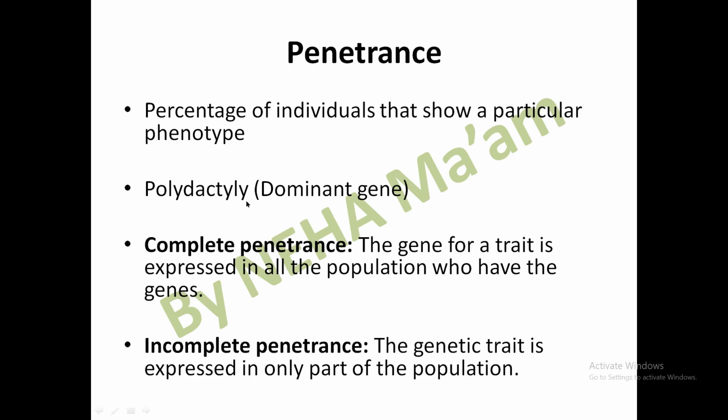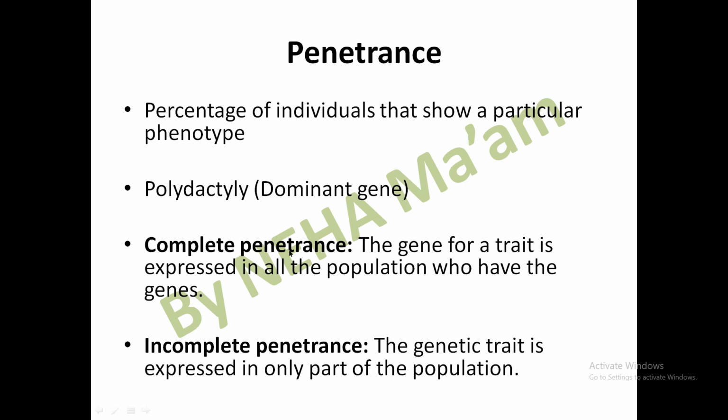About 20% are not able to show this trait in the heterozygous dominant condition also. So this is the case of penetrance, as it is showing that 80% of the individuals are capable of showing this trait. So there is 80% penetrance.